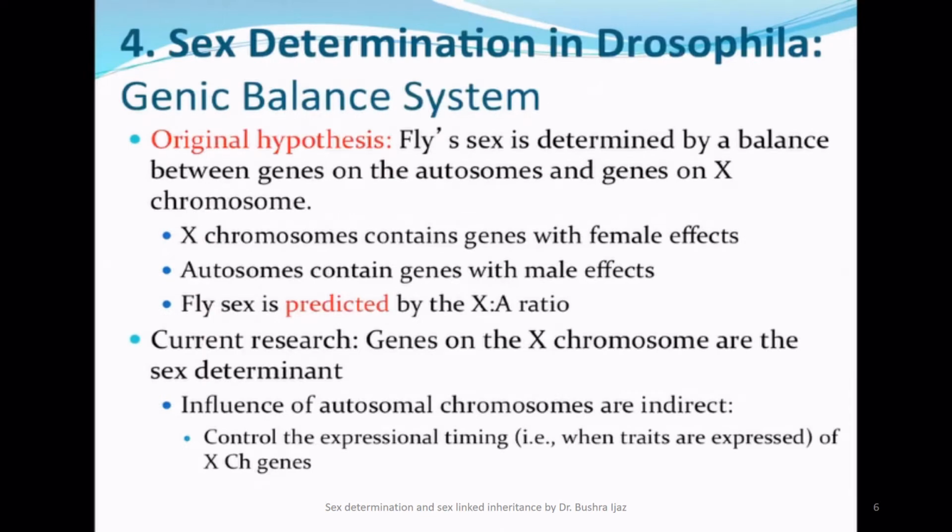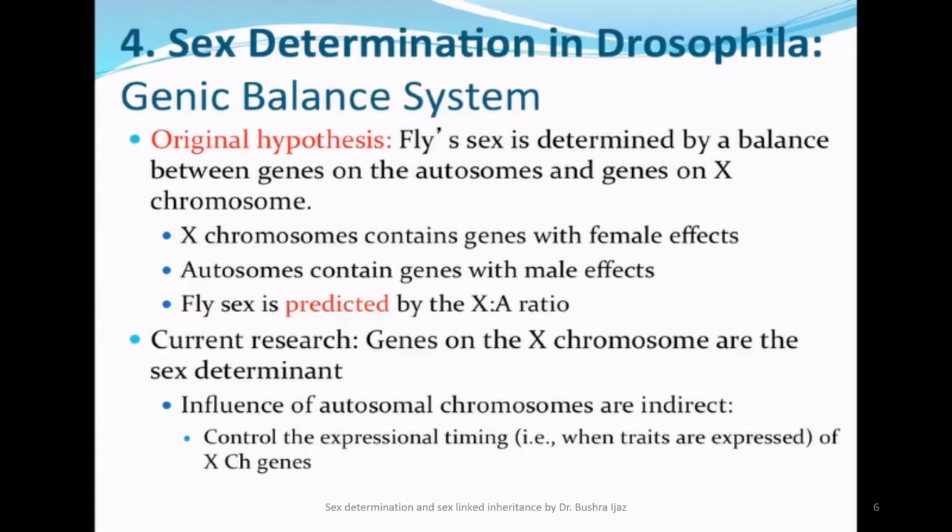The way they came up with this hypothesis was by working through the scientific method. Their original hypothesis was that the fly's sex was determined by a balance between the genes on the autosomes and the genes on the X chromosome. The X chromosome would contain genes with female effects, coding for proteins specific to the female phenotype.